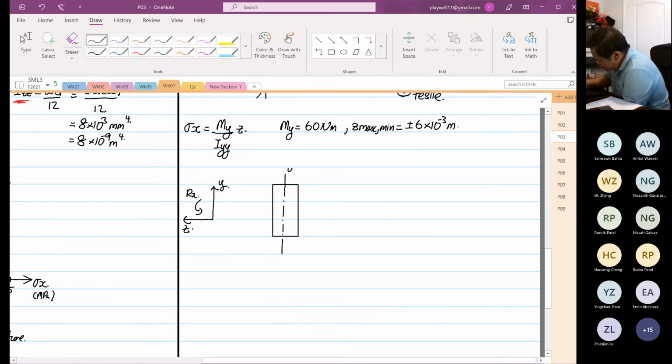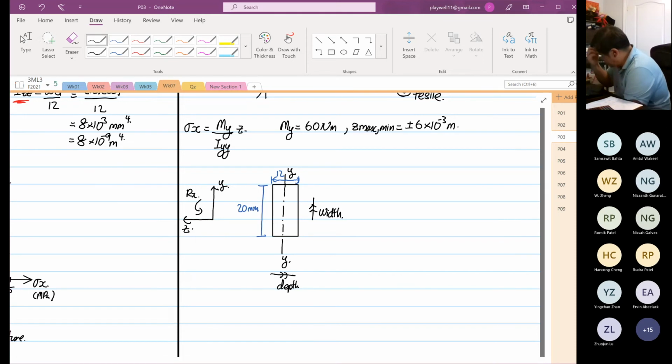This direction, parallel to the axis of interest, is your width, and over here is your depth. Based on the geometry given, this is your 12 millimeters, and this is your 20 millimeters.